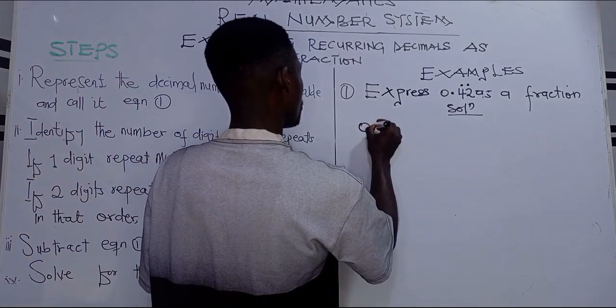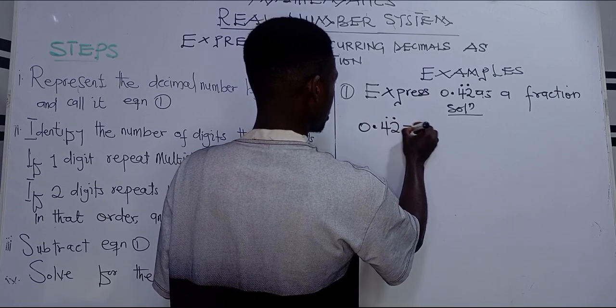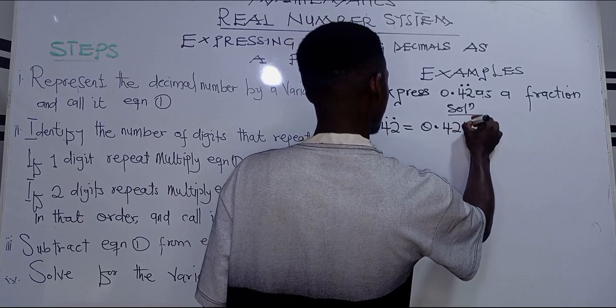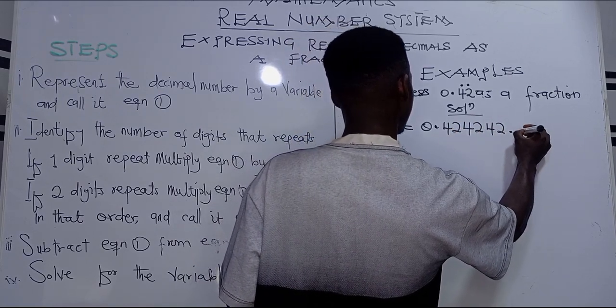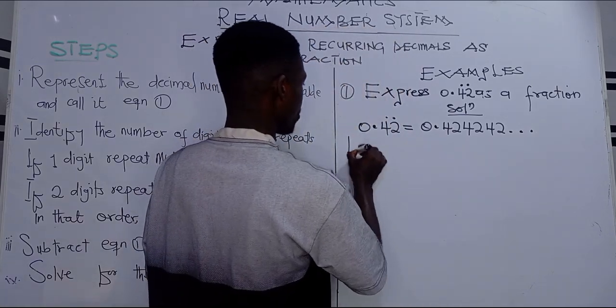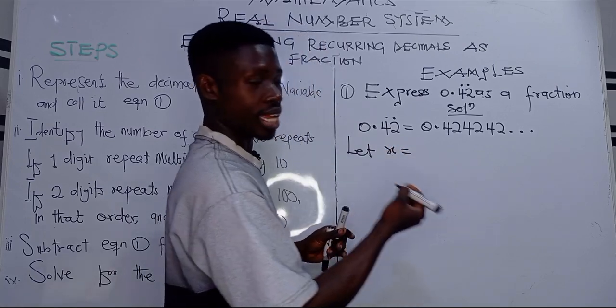So we know that 0.42 dot dot is the same as 0.424242 infinitely. Then we are going to let any variable, let's say x, equal to the number that is recurring.